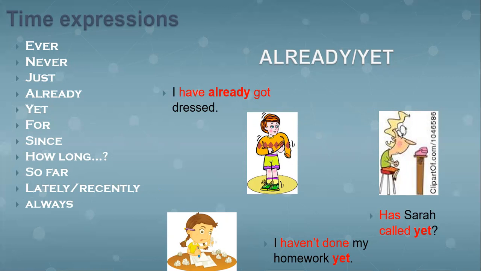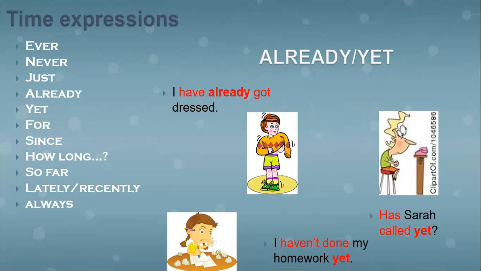Okay? And if we want to say that we didn't do something, not even once in our lives, we say never. I have never tried bungee jumping. So never comes in the sentence in a negative meaning. So instead of saying I haven't tried bungee jumping, I say I have never tried bungee jumping.